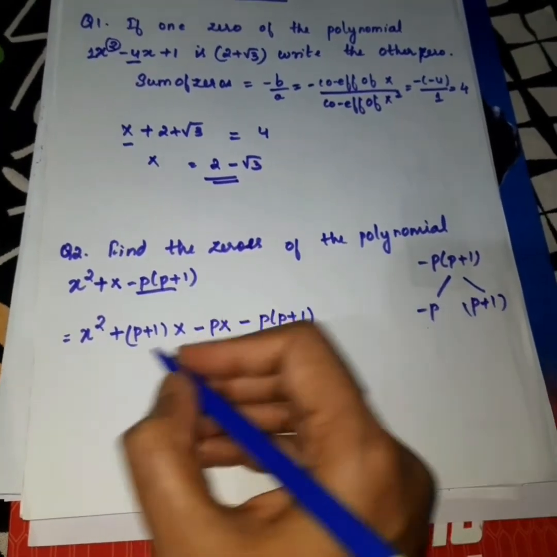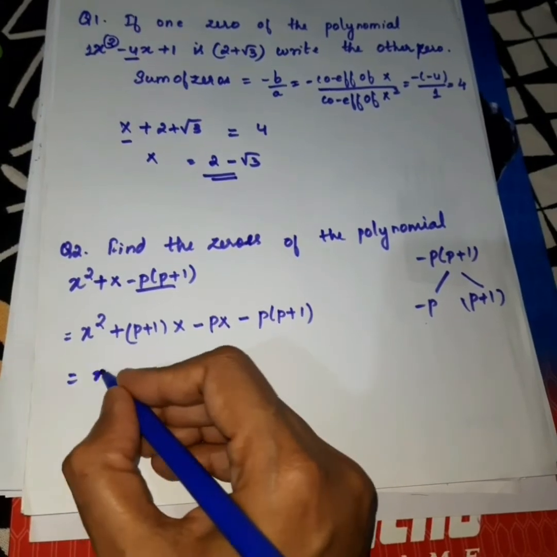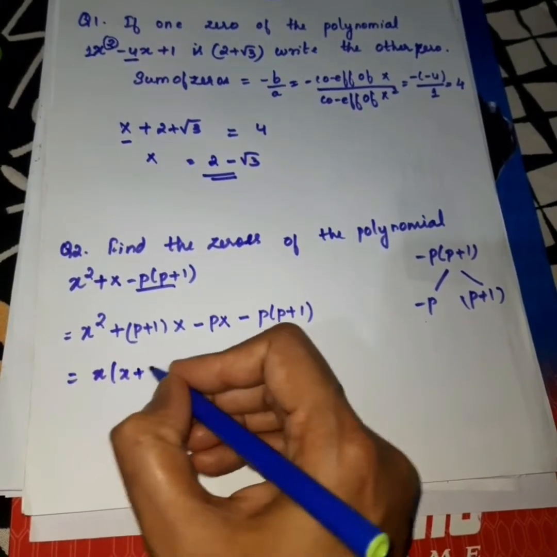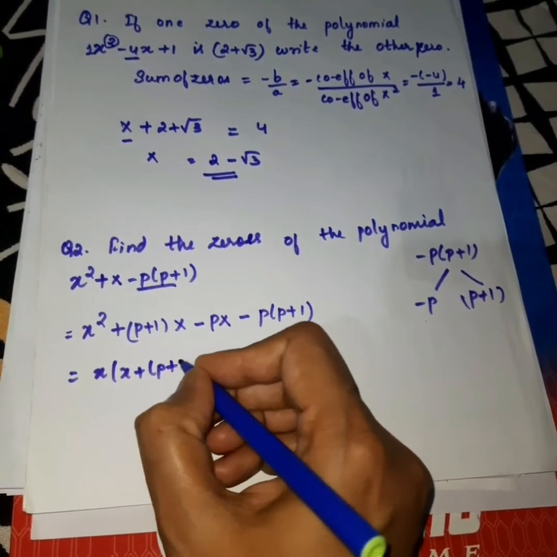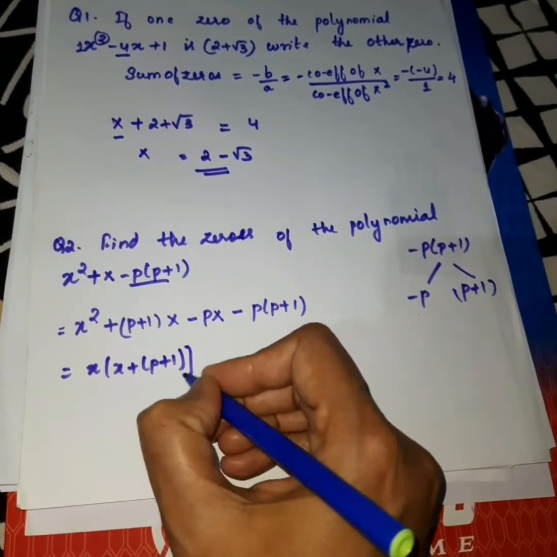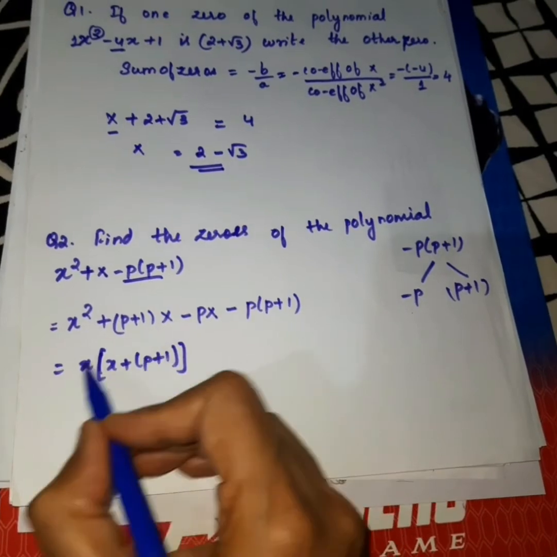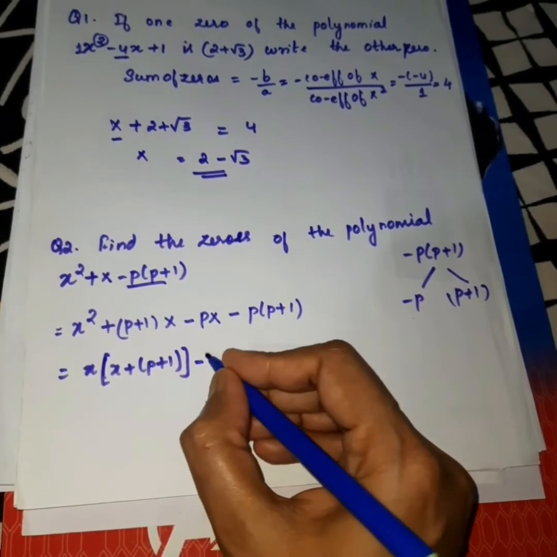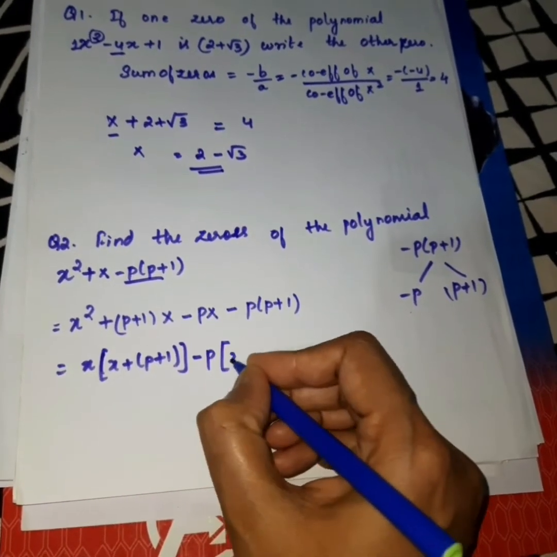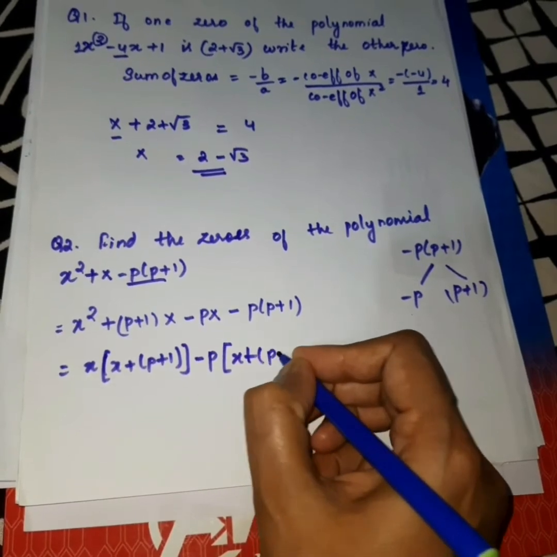Same way how we write 12 as 4 into 3, that's the way we are doing here with the value of p. So by taking x out and putting x plus p plus 1 in common, we can get the other factor also.